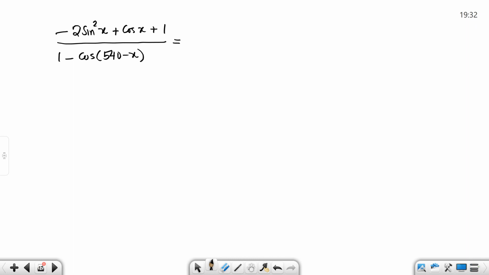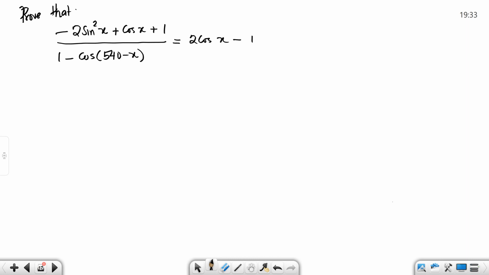We are told to prove that it's equal to 2 cos x minus 1. Generally we know that we start from the complex side. And when proving, identify all the identities.